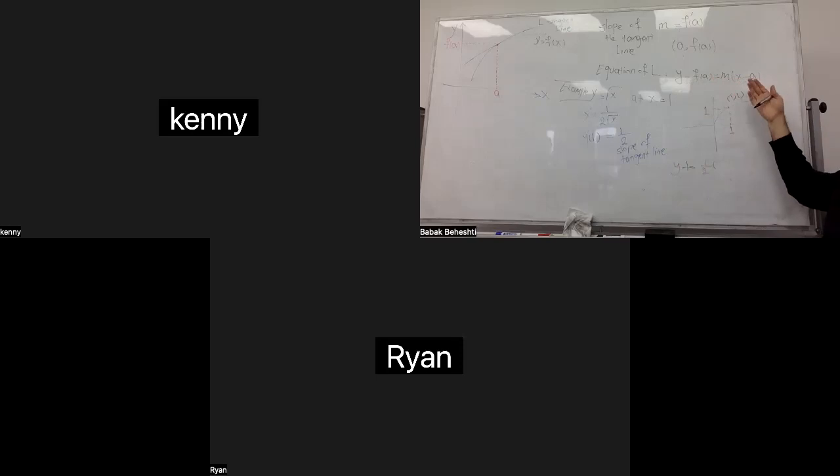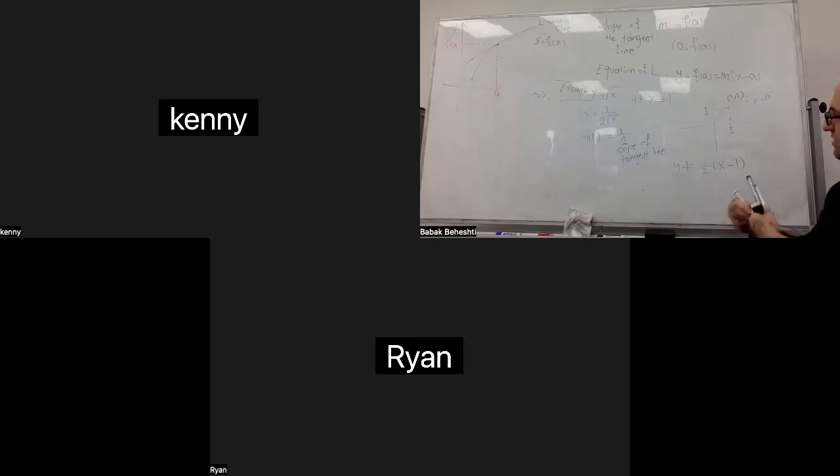When I say x0, y0, these are one point on the line. So y minus 1 is equal to 1/2 slope times x minus 1. Okay?